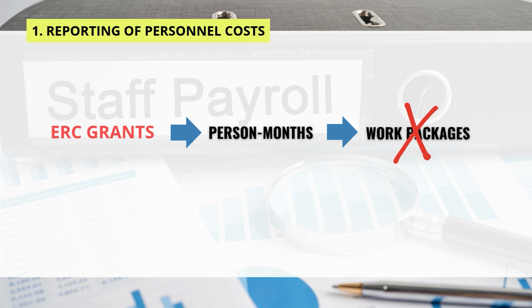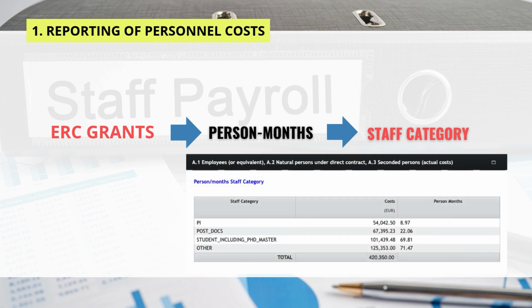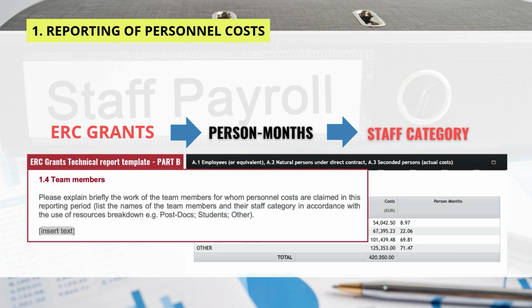Instead, personnel costs and person months are reported by staff category, giving the grant provider a clear overview of individual team members' contribution. Additionally, in Part B of the technical report, beneficiaries must provide details on team members, including their names, staff categories, and assigned tasks.